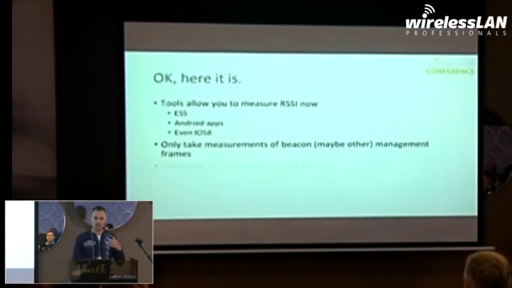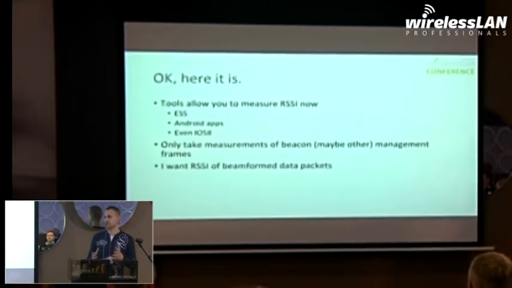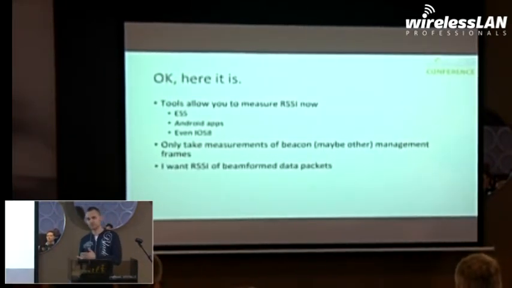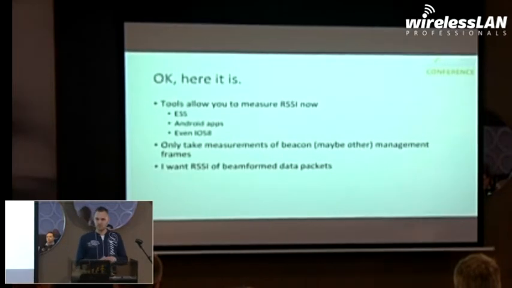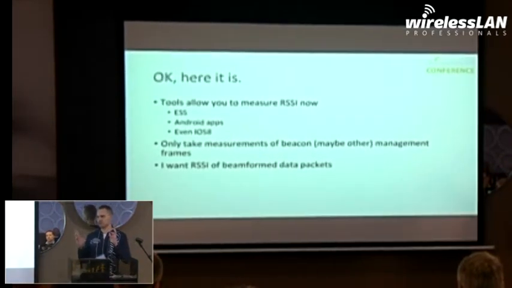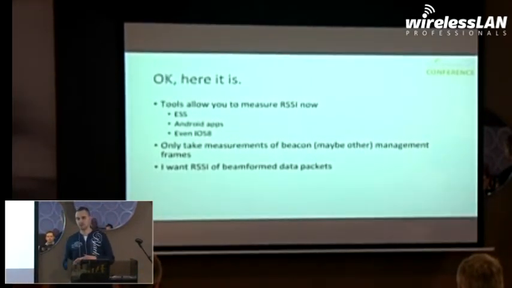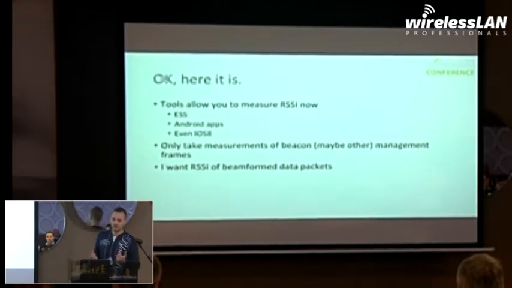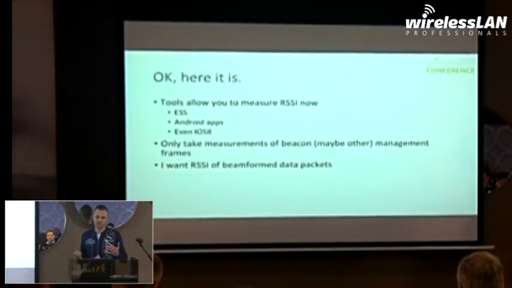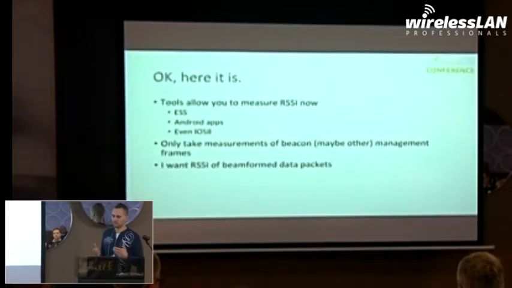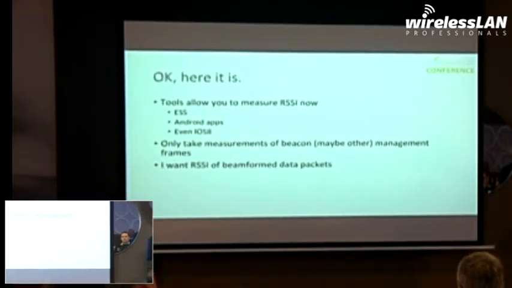And I wanted RSSI data from beamformed packets. Beamforming is kind of getting traction, and Ruckus has been doing beamforming for a while, with their antenna patterns and whatnot. But you could never get RSSI data, or at least not without any specialized tools, maybe.